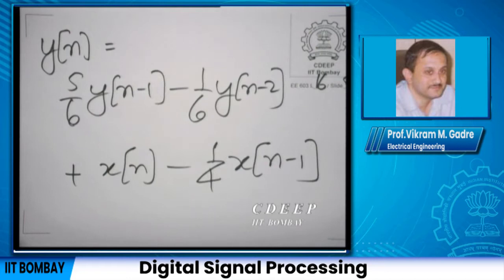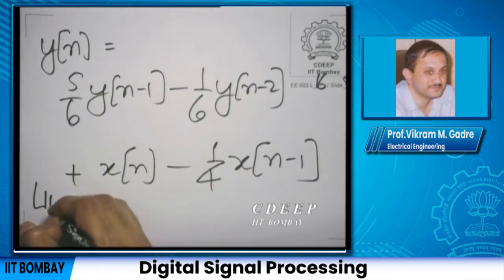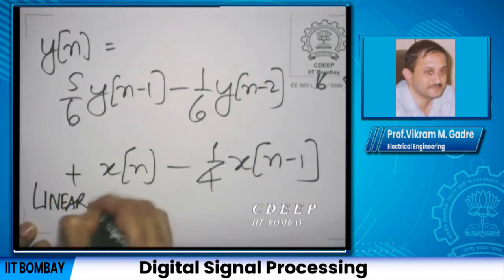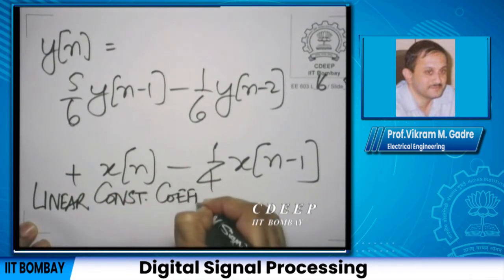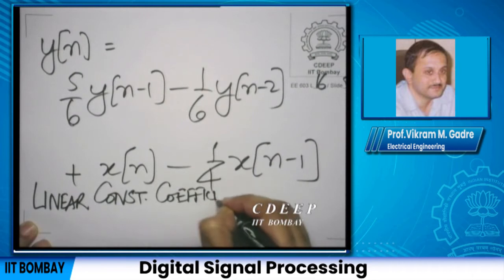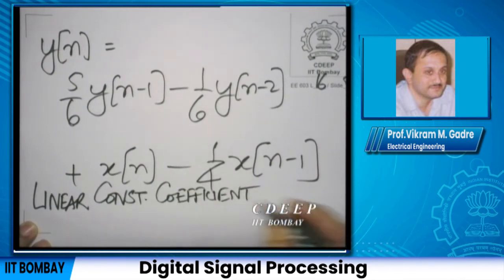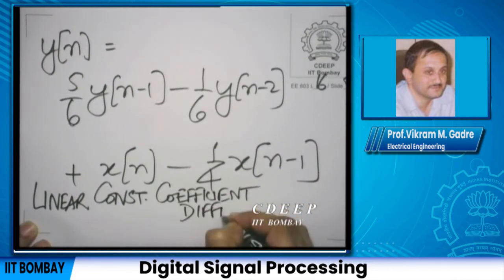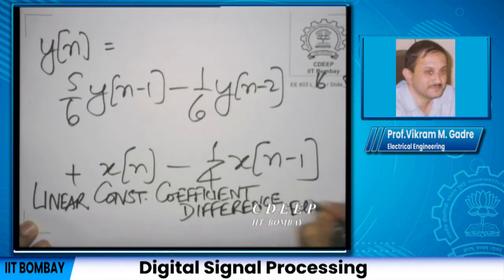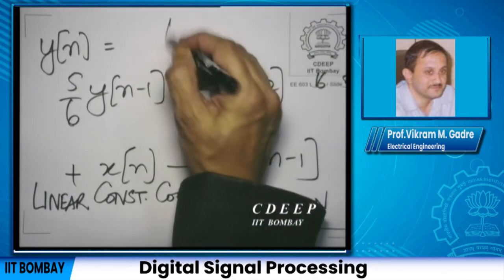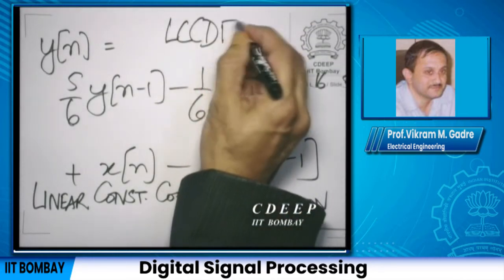And this is an example of what is called a linear constant coefficient difference equation. It is abbreviated by LCCDE.